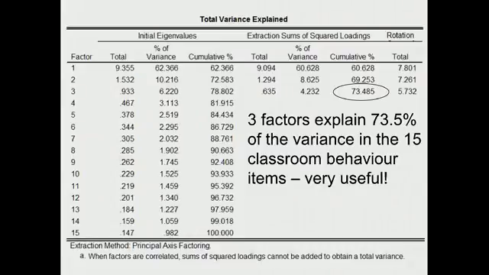So here's the output, or part of the output from our factor analysis of classroom behaviours. You'll get a closer look at this in the tutorials. The point for now is that we started with 15 items. If we choose 3 factors, we can explain 73% of the variance.